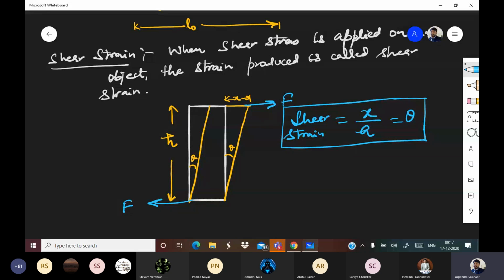Please note. Noted, everyone? So this is your shear strain.